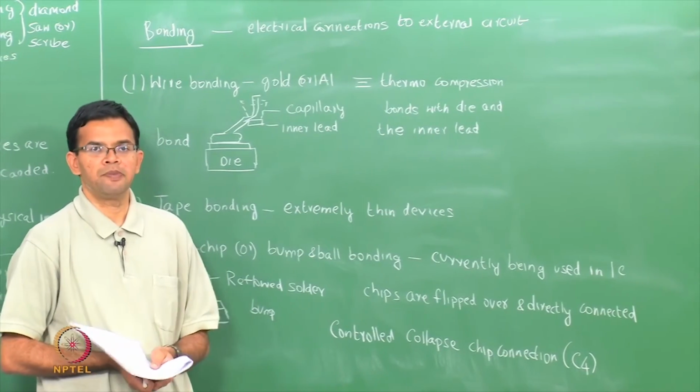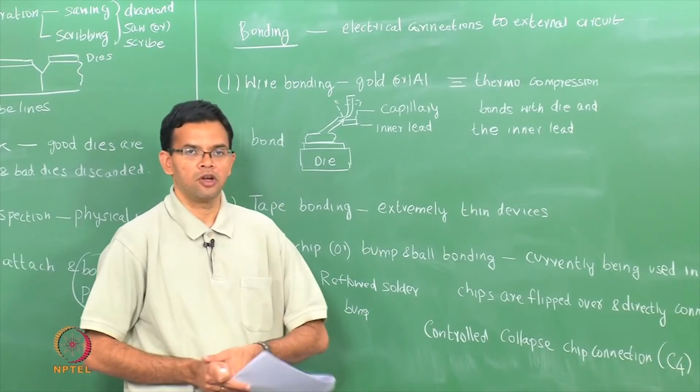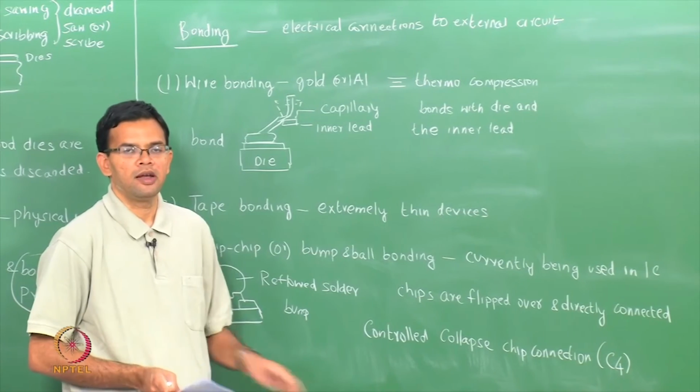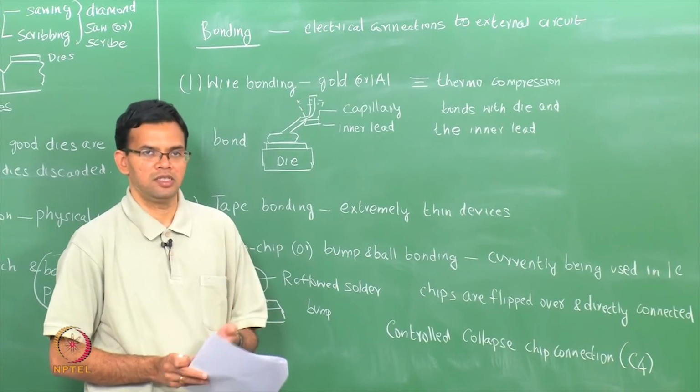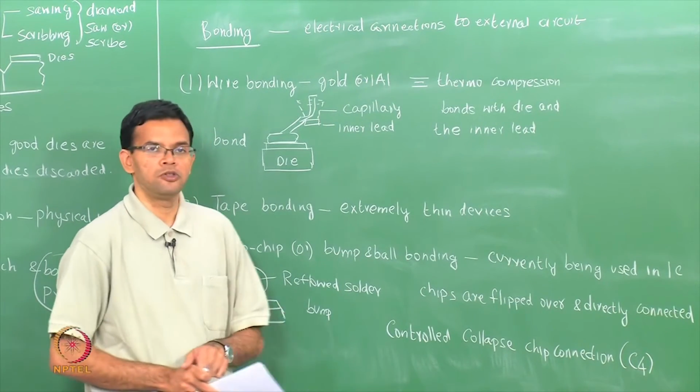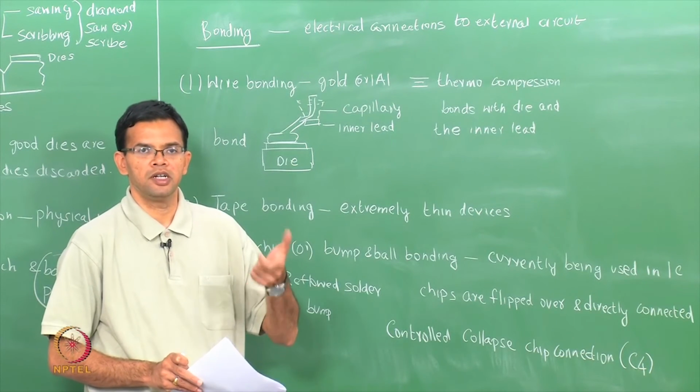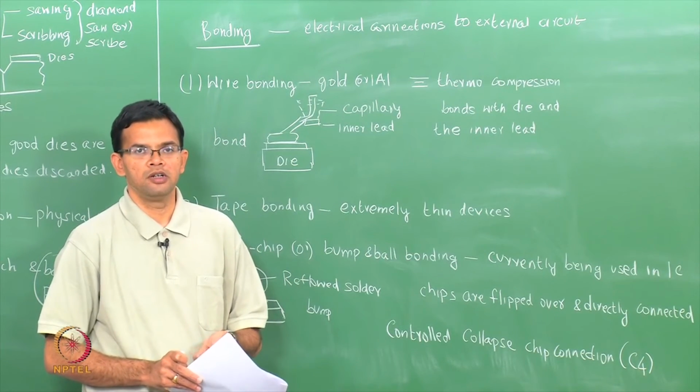There is no separate die attach and bonding process. Both the bonding and the die attach are done in one step by using these reflowed solder bumps, which are inverted and then directly bonded to your die.